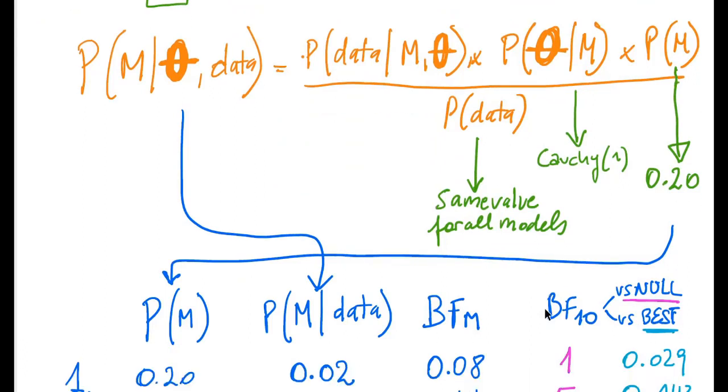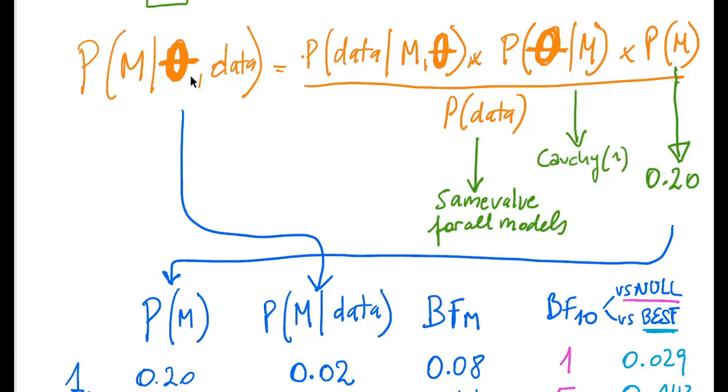In the Bayesian approach, we use Bayes' theorem to start, and this is the generic model, so we need to have one for each model. We put P, or probability, of M, which is the model, given theta, but theta is in bold here because this is a vector of parameters, it's not just one parameter.